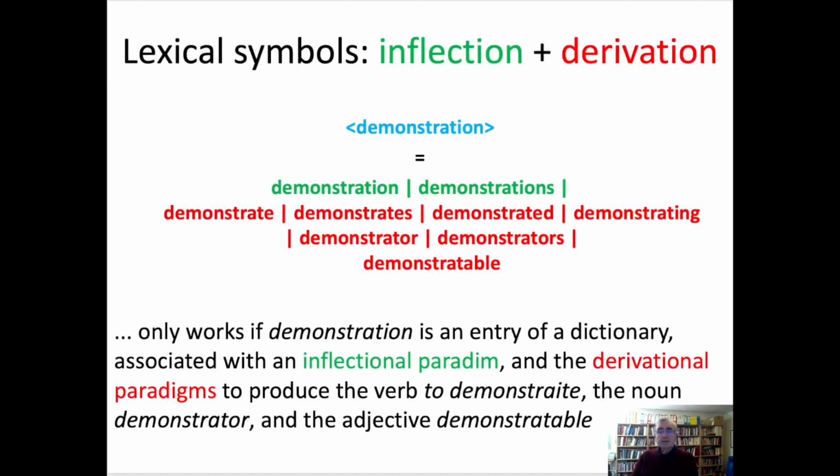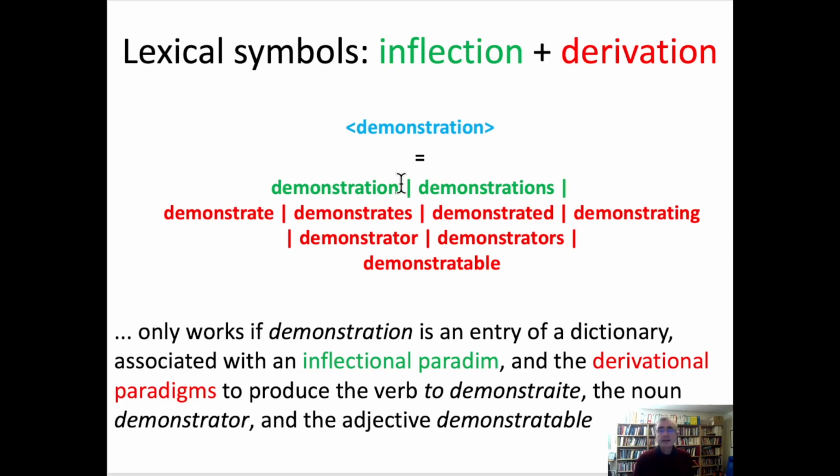So now let's say you use NooJ in association with a dictionary in which not only the inflected forms have been associated with each lexical entry, but also, let's say, the derived forms.